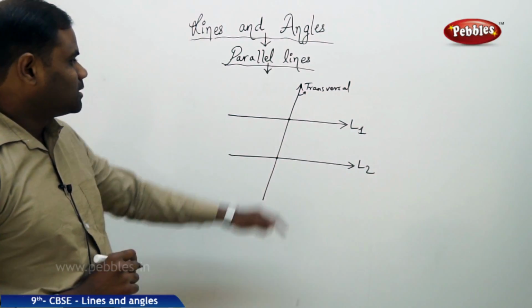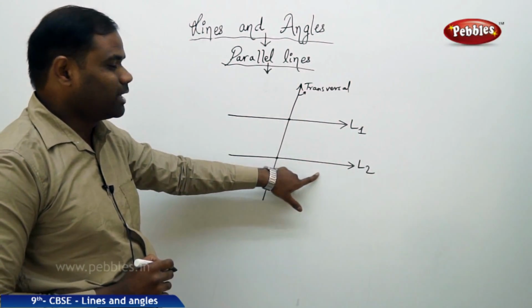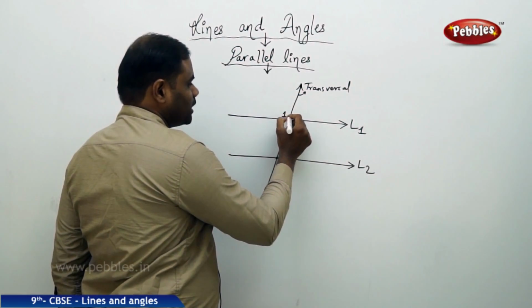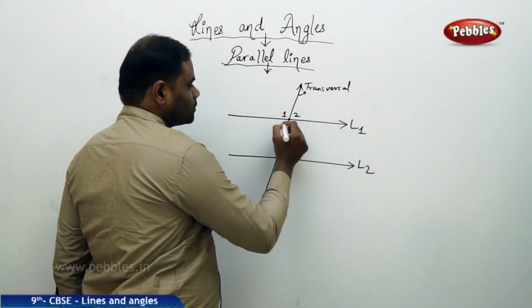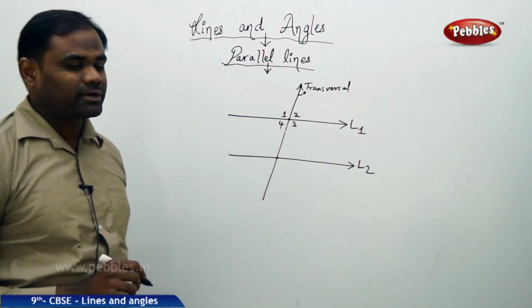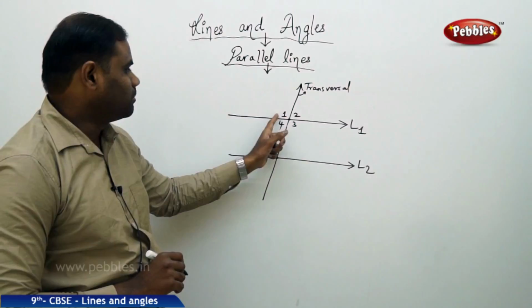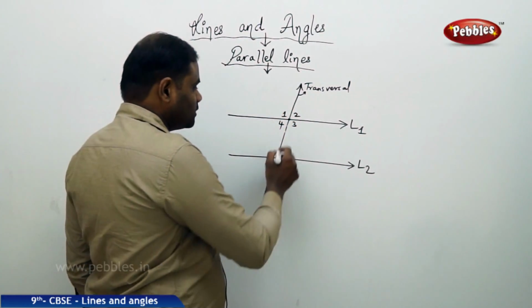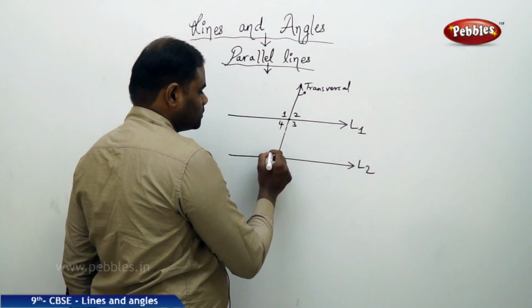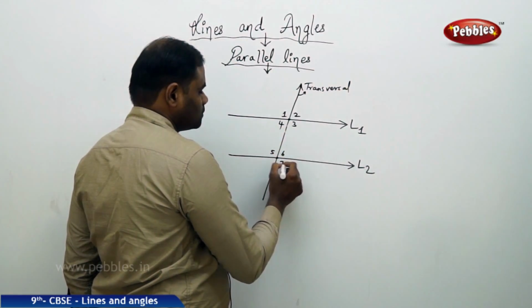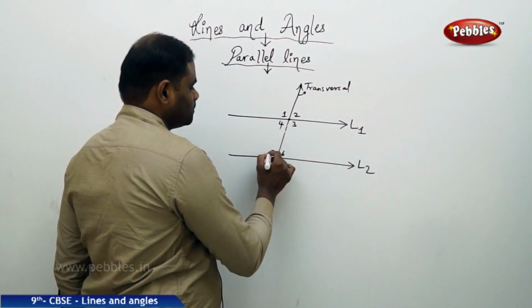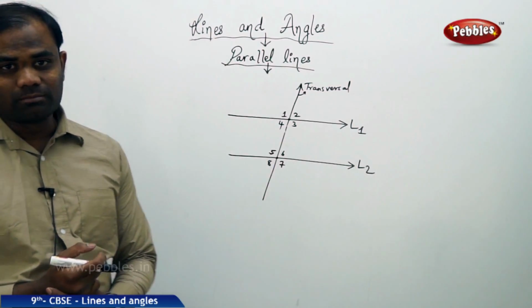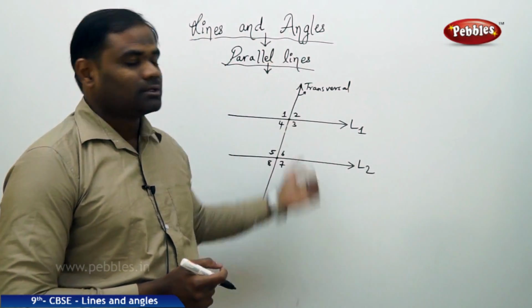Now, as we can see, the transversal, when it cuts both L1 and L2, makes 4 angles with L1: 1, 2, 3, 4. This transversal, when it cuts line L1, makes 4 angles, 1, 2, 3, 4, and makes the other 4 angles with the line L2 here. So totally there are 8 angles formed by the two lines which the transversal cuts.